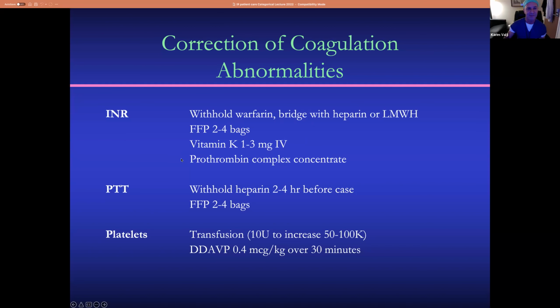So that's problematic. And then there's always prothrombin complex concentrate, which will act very quickly to correct that. Obviously, for platelets, we're going to want to give a transfusion. If we think the platelets are just dysfunctional with renal failure, then DDAVP can help make them a little bit more functional.